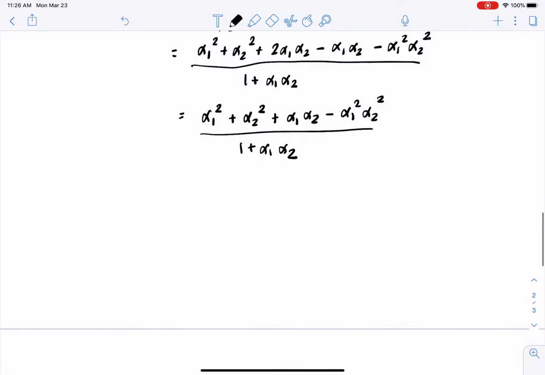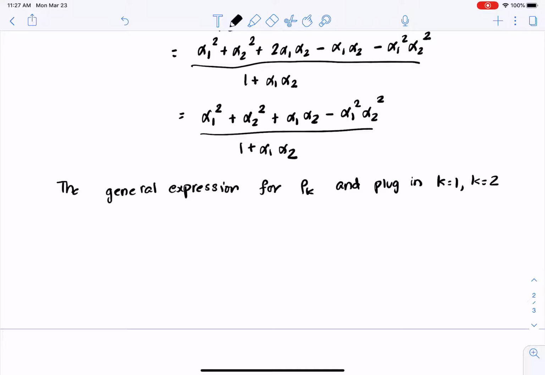We can now go back to the general expression for rho k and plug in k equals 1 and k equals 2. So when k is equal to 1, rho 1 would equal C1 alpha 1 plus C2 alpha 2.